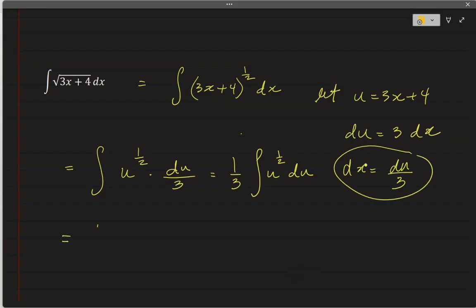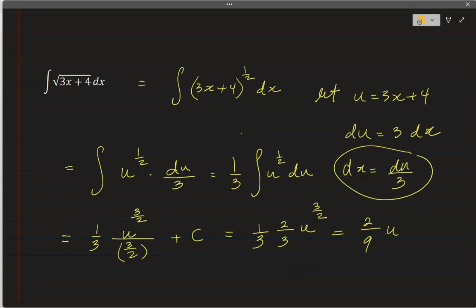Okay, let's do the integration. 1/3, this would be u to the 3/2 divided by 3/2. We're going to deal with that fraction later. And then plus c, the fraction, that would be 2/3 u to the 3/2. Simplify. We get 2/9 u to the 3/2 plus c. I should have said plus c there.